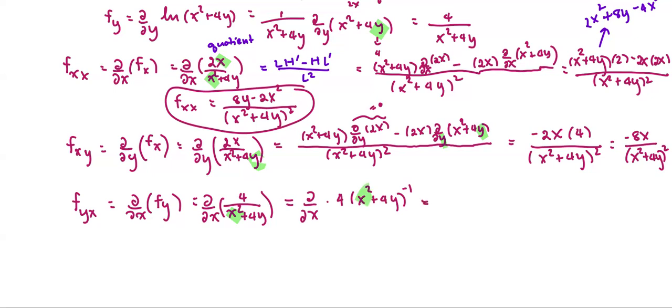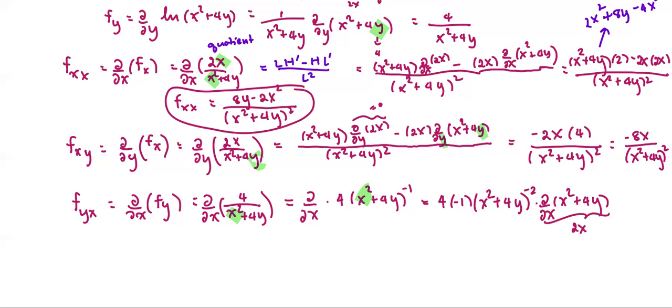So this will be 4 as a constant multiple. With the general power rule, we have negative 1 times the quantity x squared plus 4y to the power minus 1 become minus 2, and then the partial with respect to x of x squared plus 4y. This piece will give us 2x.